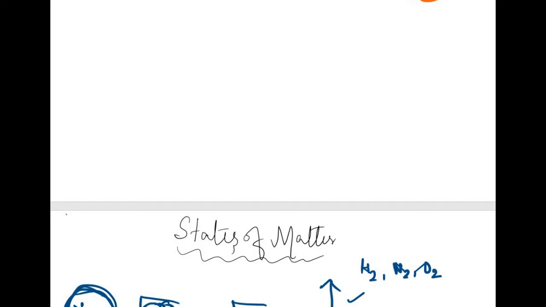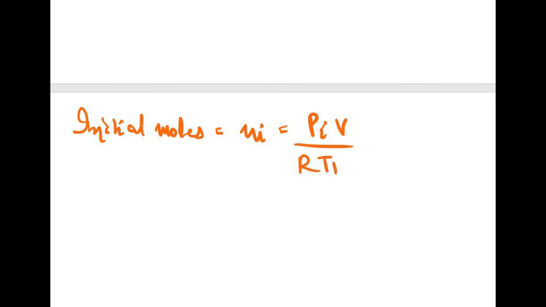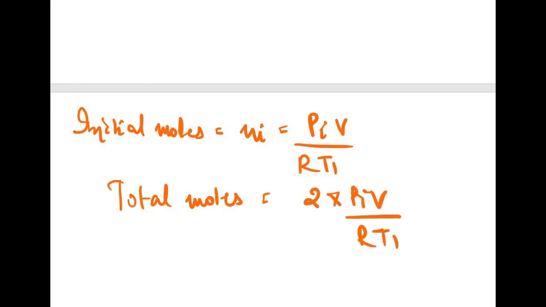Okay. So let us consider that the initial number of moles in each container would be Ni equal to Pi into V by RT1. Total number of moles in both the containers would be, there are two closed bulbs, so total moles would be 2 into Pi V by RT1.